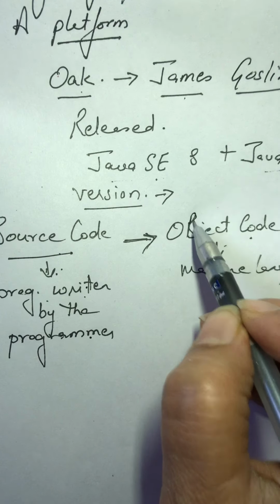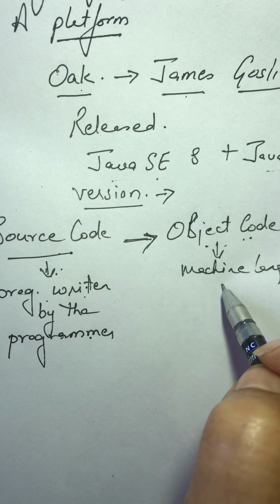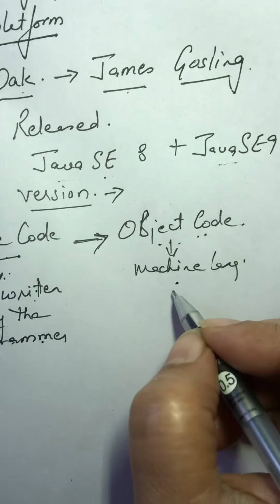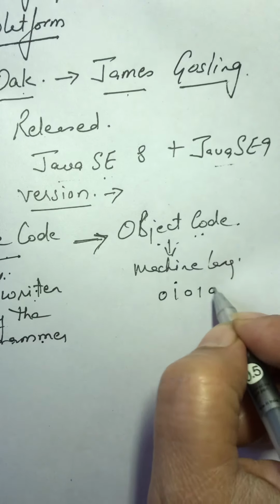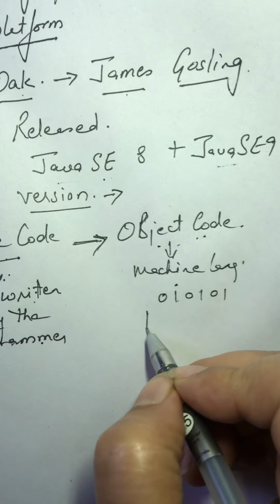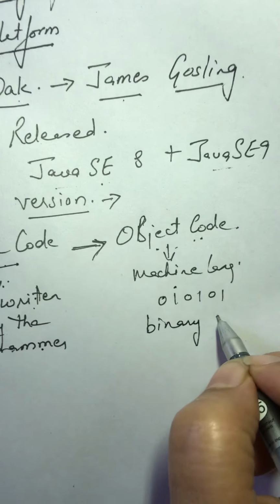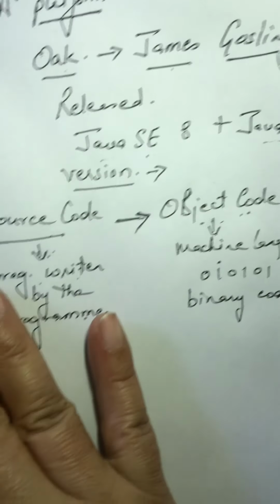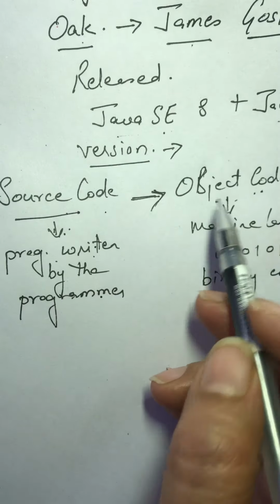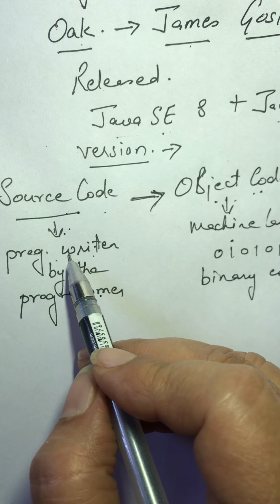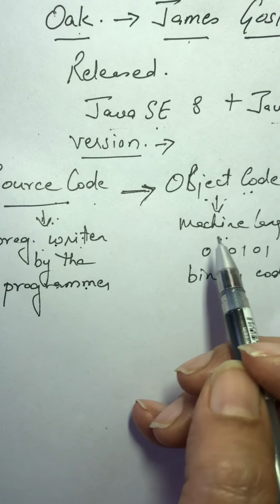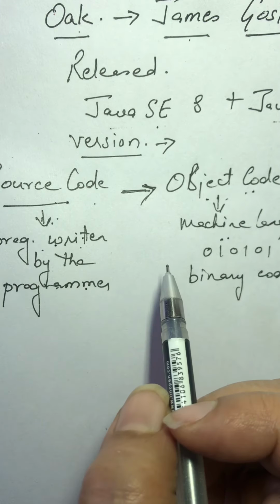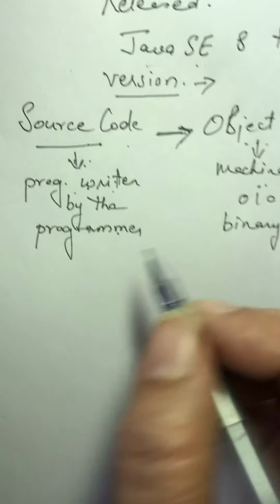And object code is the code which is in machine language. That means it is 0101 coding, something like this, because machine language understands binary code. So there should be something to change this English written code to object code, so that the machine can understand.